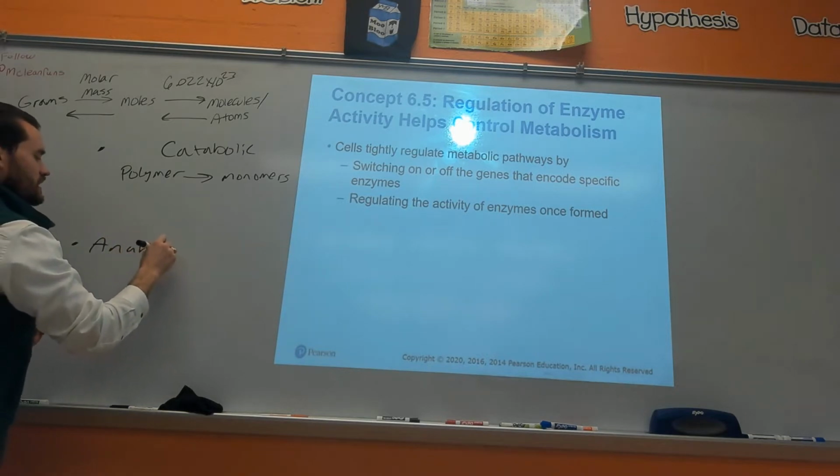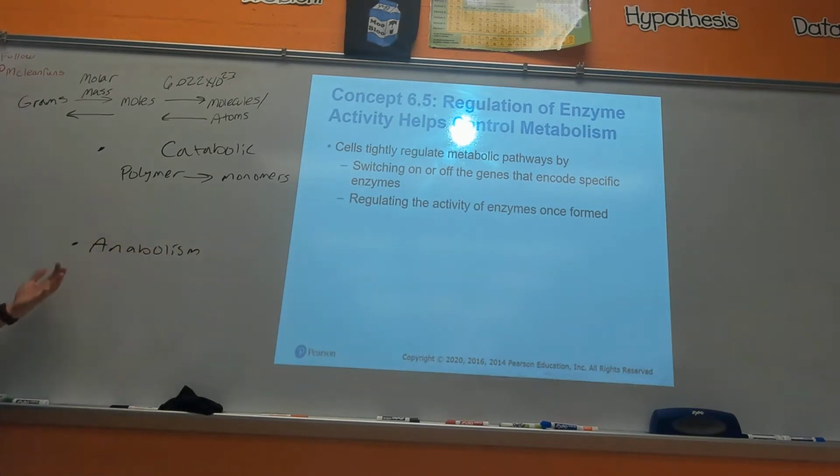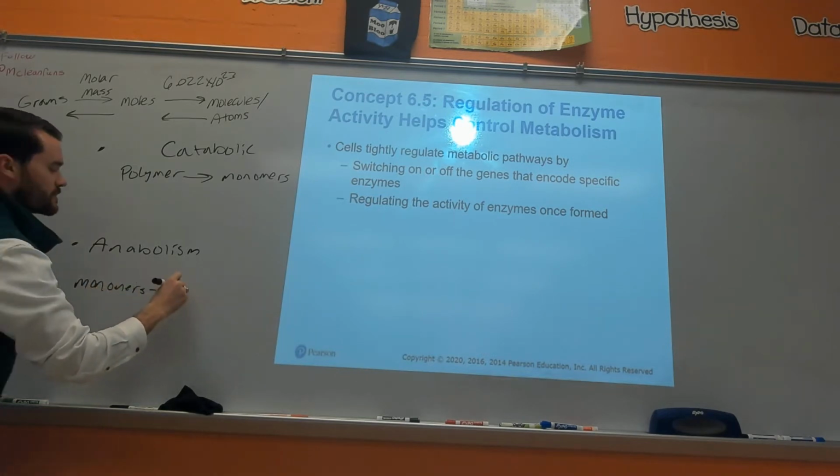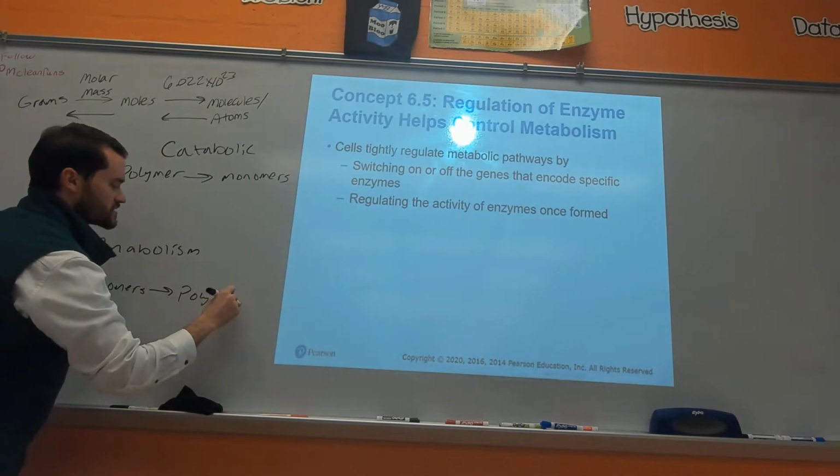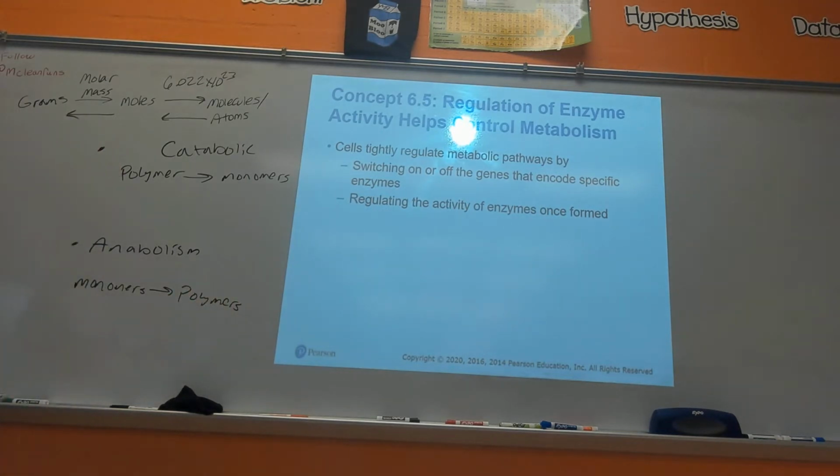So maybe you want to build something. Like you took those monomers from the food you just ate, and you want to build those up into some polymers, some proteins or lipids, some hormones that you need to signal stuff to other cells or maintain the shape of your cells. Enzymes help us with those processes.